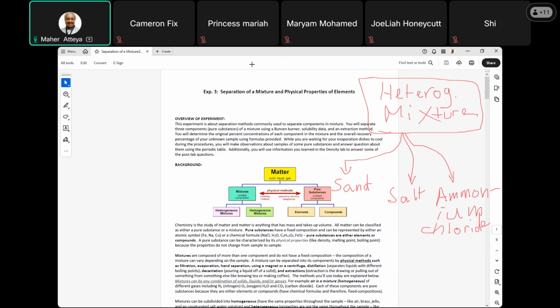We will be using the physical properties of each component to separate it from the rest of the mixture.